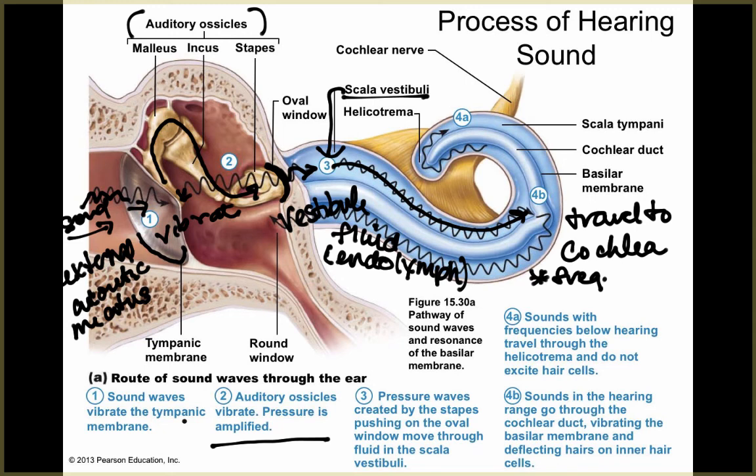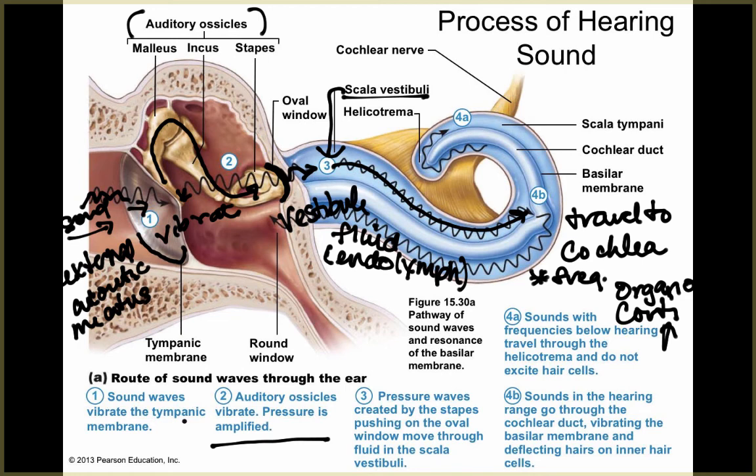Different receptor cells, or those inner hairs on the basilar membrane within the cochlea, it's known as the organ of Corti. That's deep in the cochlea, right?